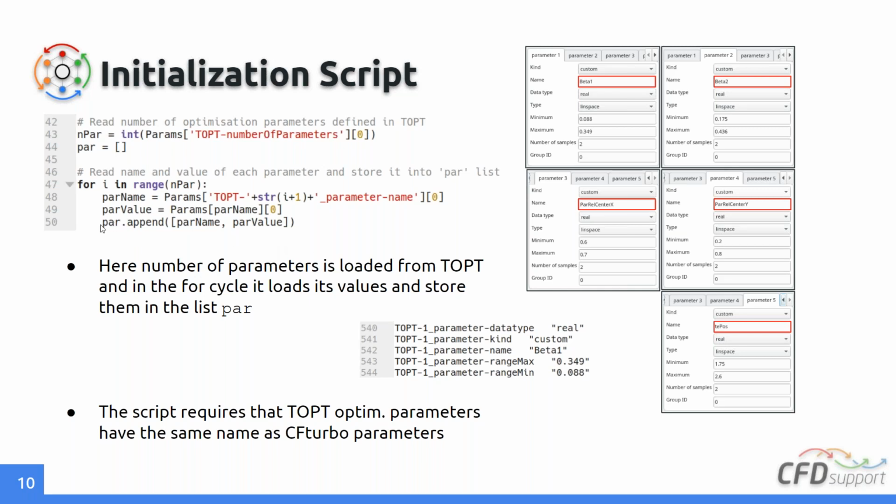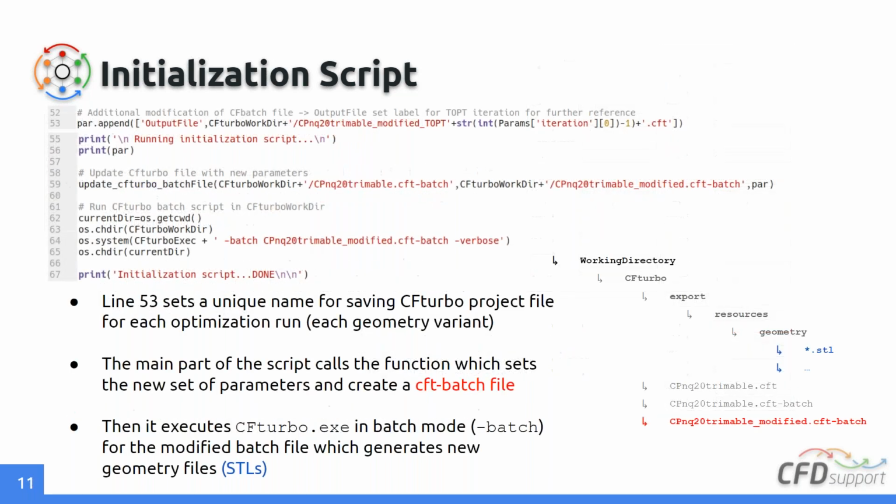So basically now we have the list of the current parameters to be simulated, and these parameters are sent to the function which adjusts for us the XML file, the batch file for CFturbo.